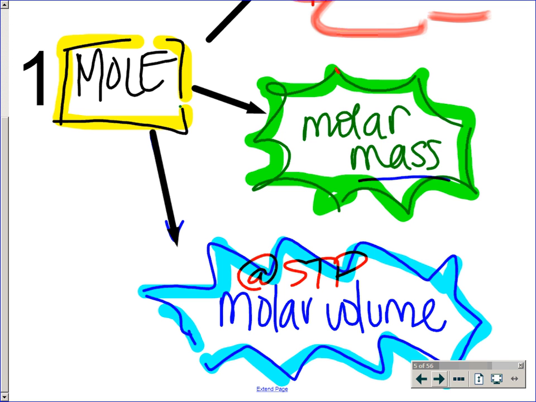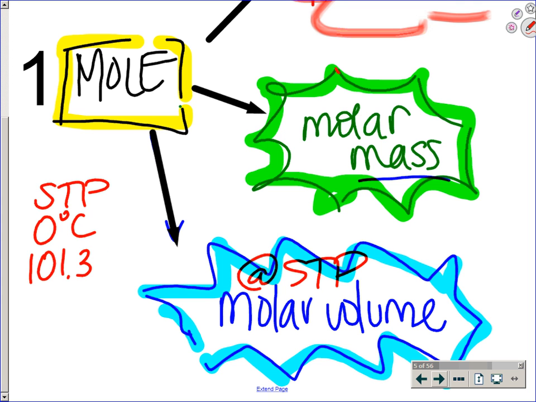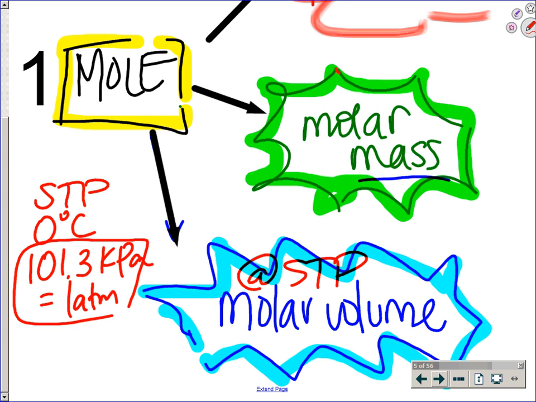And what were the variables for standard temperature and pressure? 0 degrees Celsius, 101.3 kPa or 1 atmosphere, those are both the same. They're one and the same. And then 0 degrees Celsius is what, Kelvin, guys? 273 Kelvin, right? So STP means standard temperature conditions and standard pressure conditions.